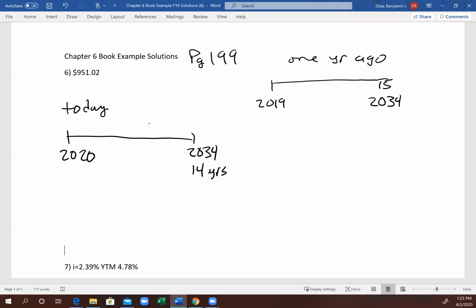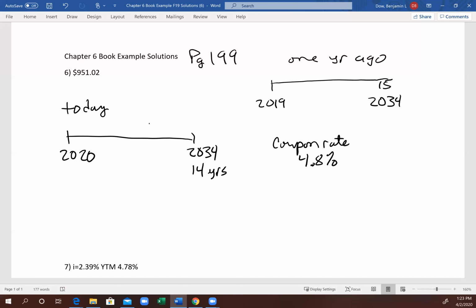So that's important. The coupon rate was 4.8%.